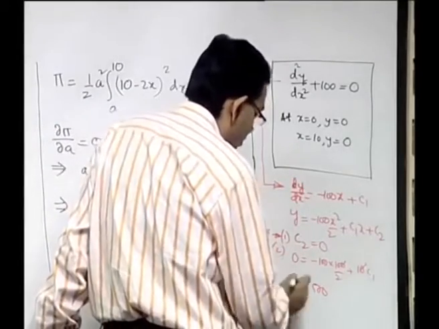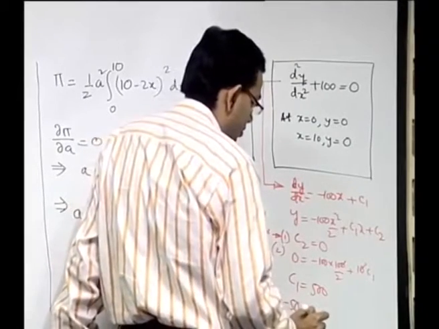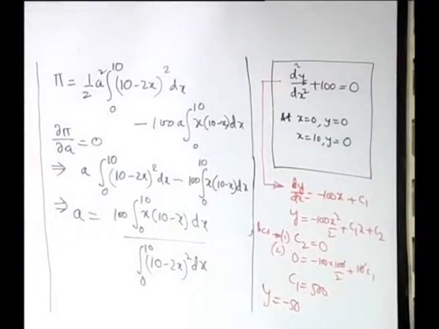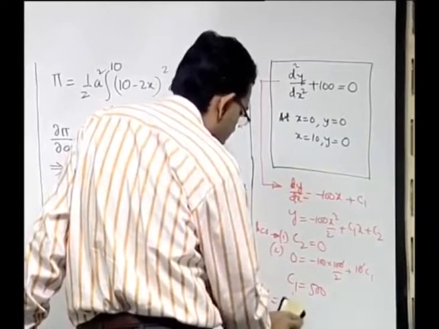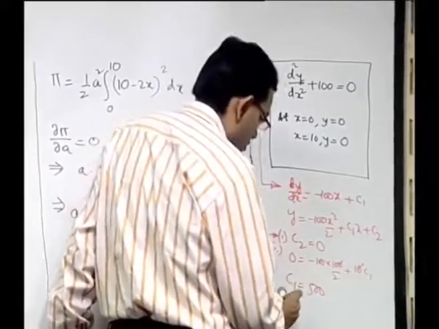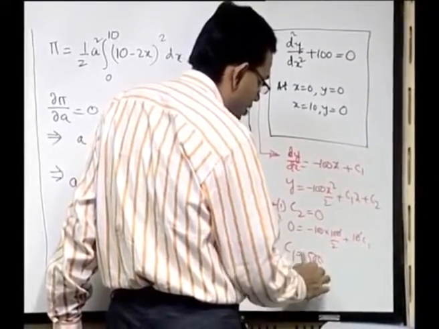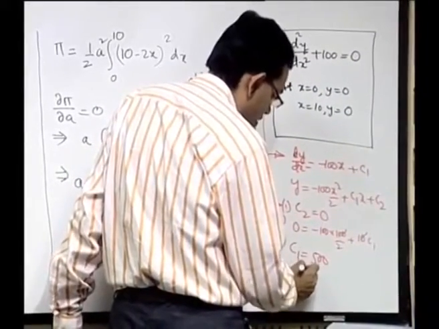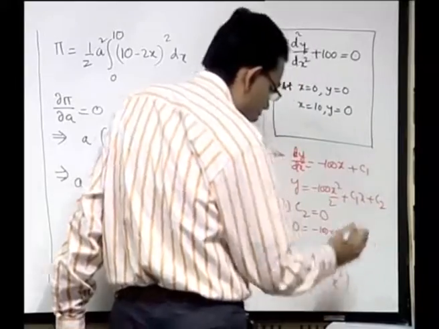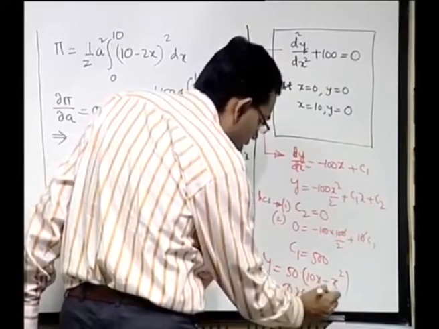So, y becomes minus 50, sorry, if you take 50 as common, then 10x minus x square. So, 50x into 10 minus x.